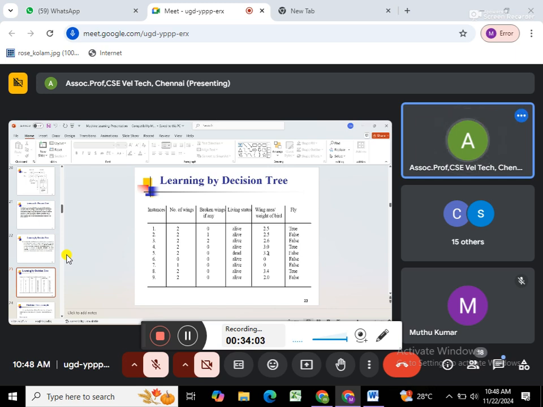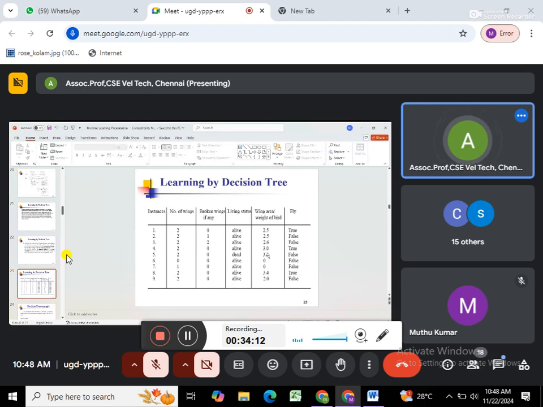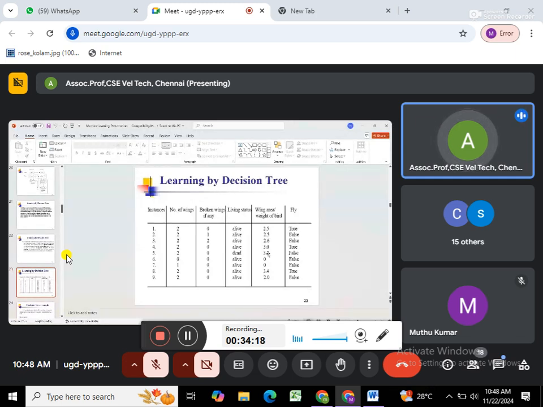For example, I have taken an example of instances. Nine instances I have given for whether a bird flies. How many instances have I taken as input? Nine instances. How many wings? Of course, you know, birds have two wings. And having those wings, we are going to mix them with so many instances.